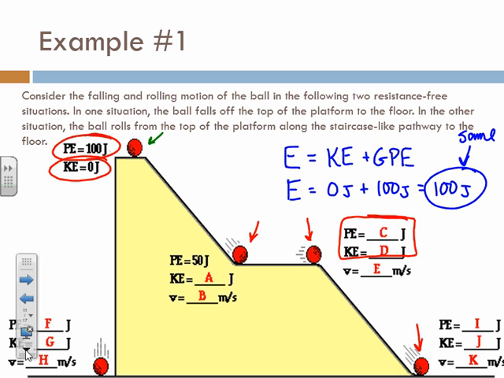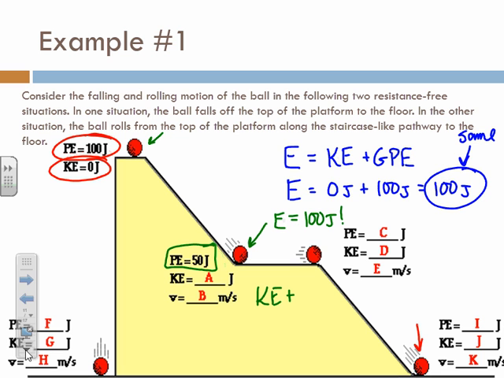Okay. So we know that we have 100 total joules of energy. So how does that factor into all of these other places? When the ball is here, we know that it has a gravitational potential energy of 50 joules. And we know that our E needs to add up to 100 joules. So that means KE plus GPE has to be 100 joules.